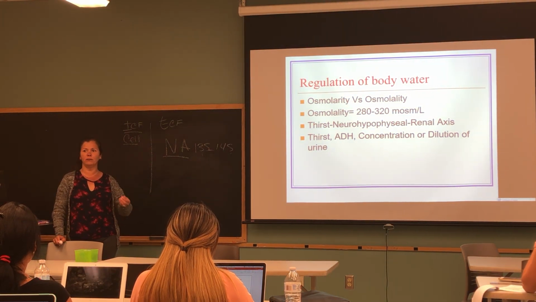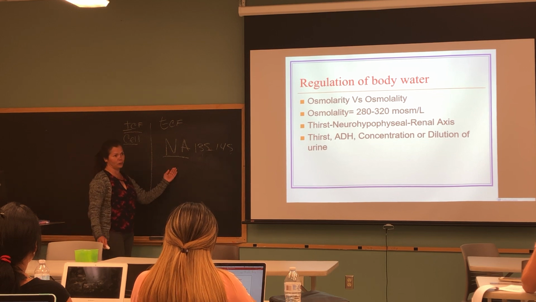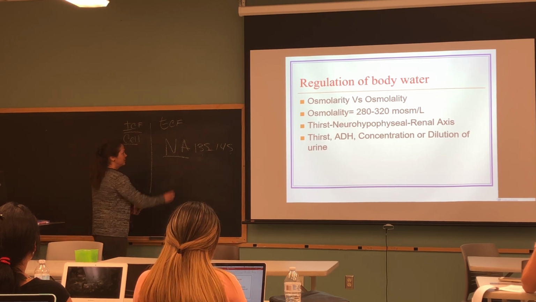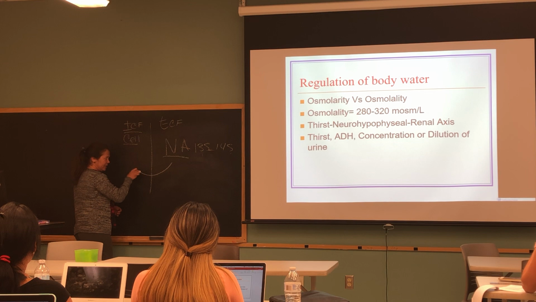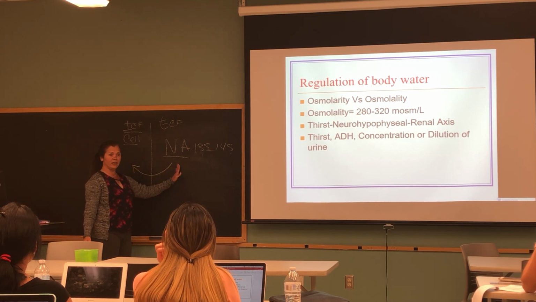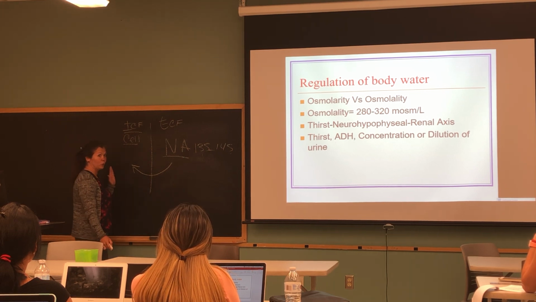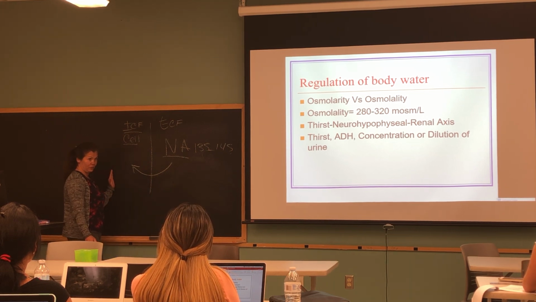And remember that diffusion or osmosis, which is water, goes from the higher concentration to a lower concentration. So if you have hypernatremia, since we have to compensate, sodium goes from the ECF to the ICF, from the higher concentration into the lower concentration.